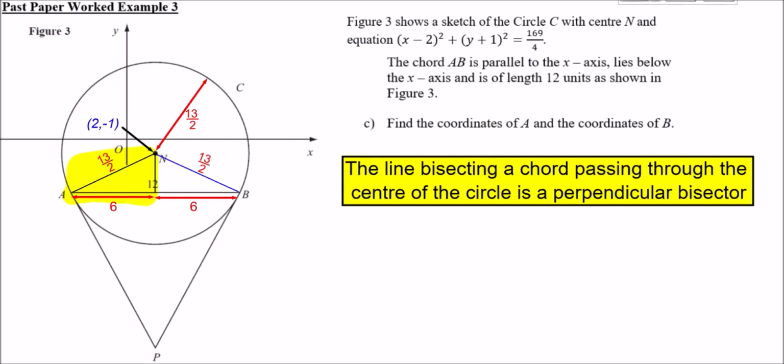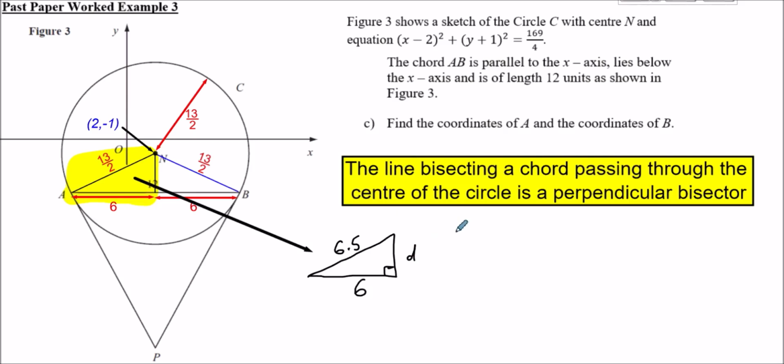I'm going to apply some fairly simple Pythagoras work. So we've got a right-angled triangle. One of the sides is 6. The other side I'm going to leave as a decimal now because it's just easier to write, and I tend to be lazy. And I'm going to call this distance here D, as in the distance below N.